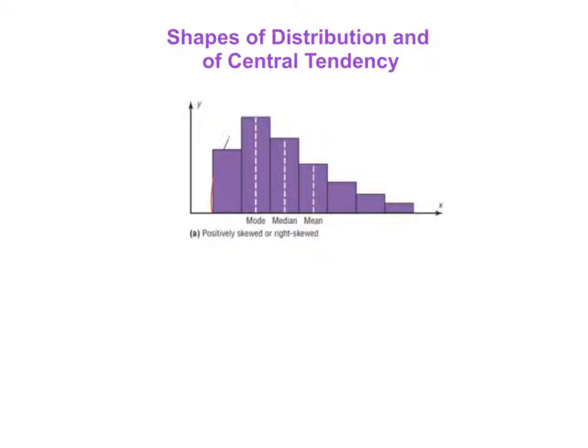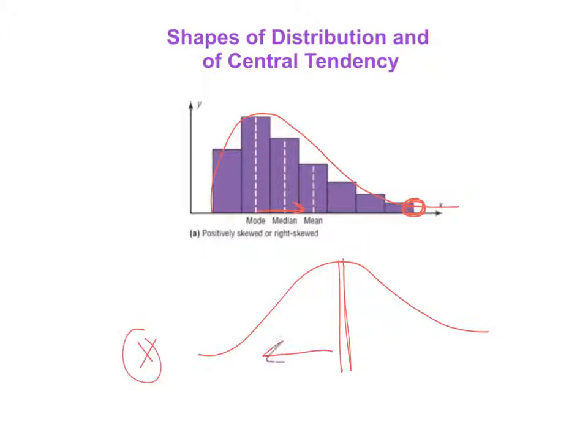So here we have an example of right skewed. When you add something to the tail over here, it pulls the mean up. The same exact thing happens if you add one down over here. It's going to pull the mean to the left.